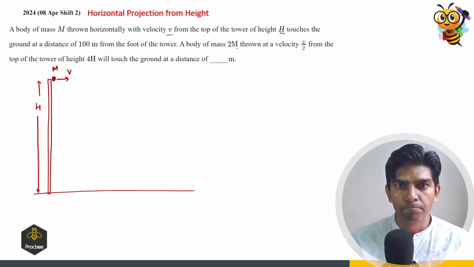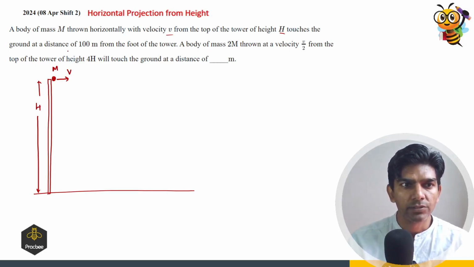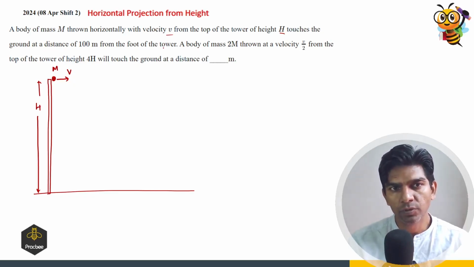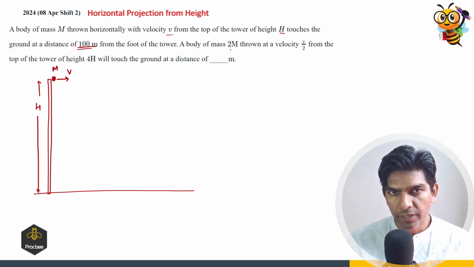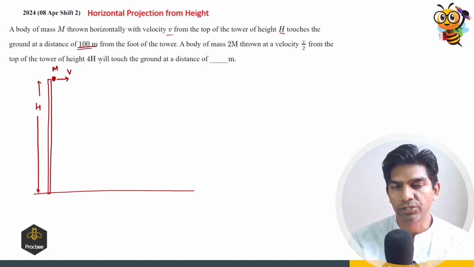It touches the ground at a distance 100 meters from the foot of the tower. So that is the range for the first body. A body of mass 2m thrown with a velocity v by 2 from the top of a tower of 4h will touch the ground at what distance?